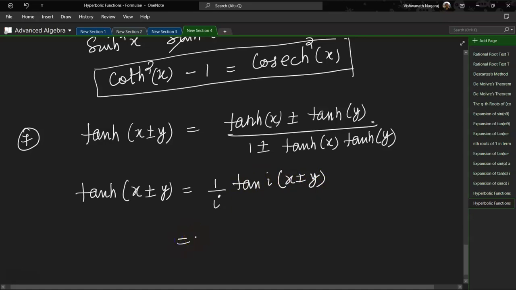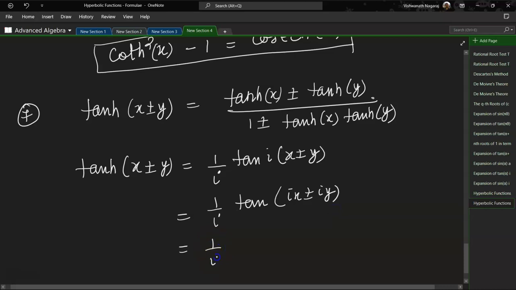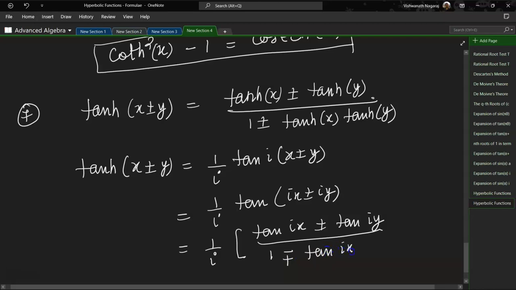Okay. Now tan we know. Anyhow, I'll write one more step. This can be written as 1 by i times tan of ix plus or minus iy, which is equal to 1 by i times tan ix plus or minus tan iy by 1 minus plus tan ix tan iy. This is the identity for tan.